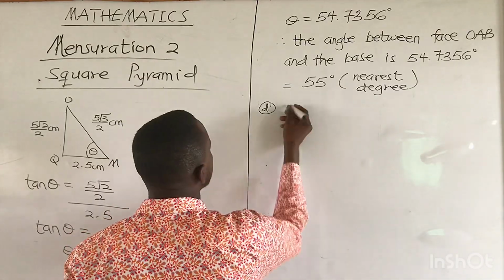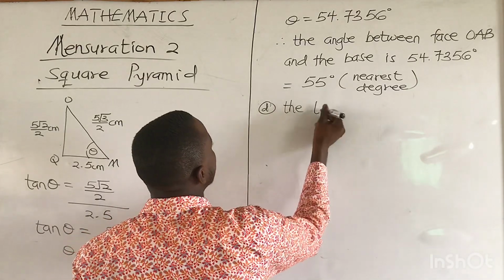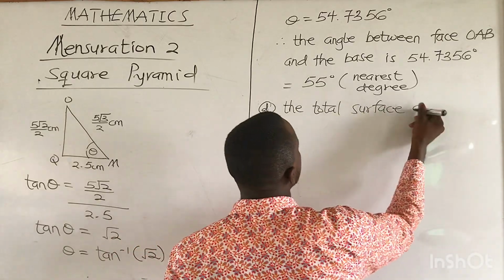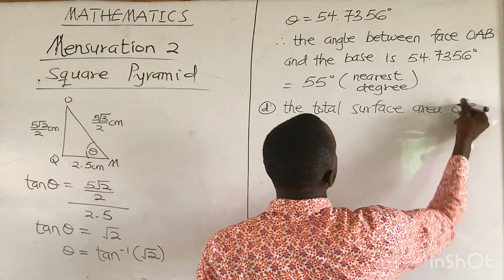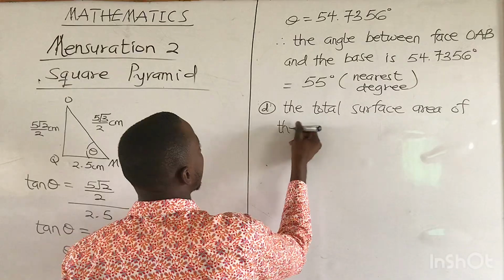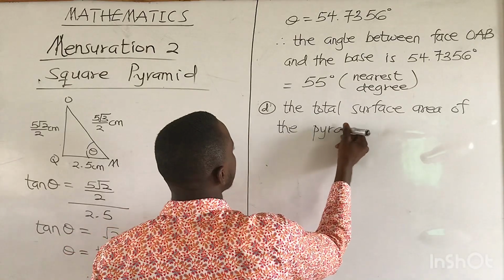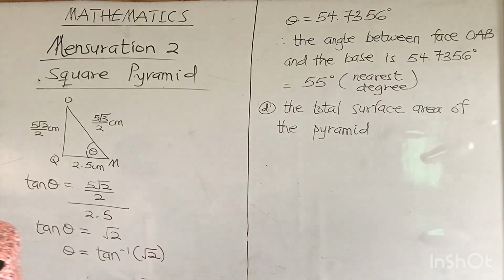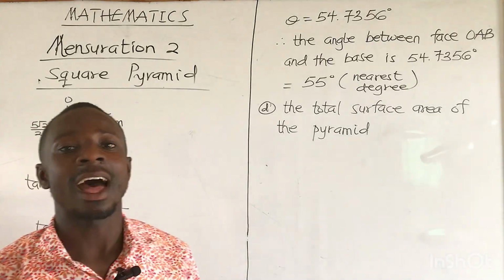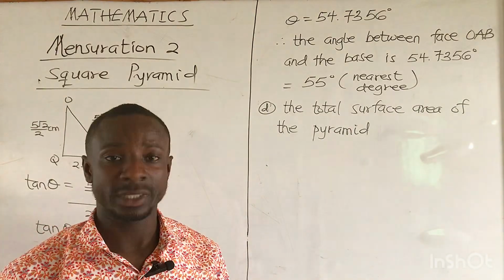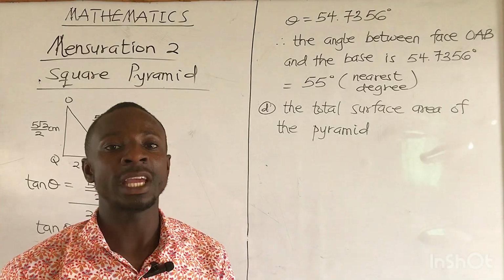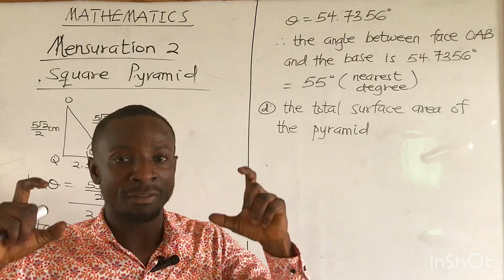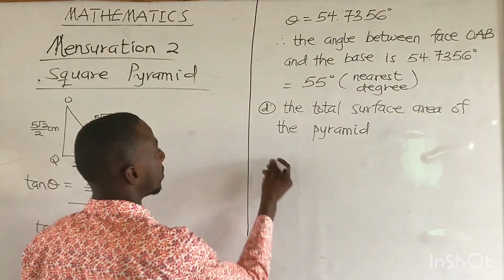D, the total surface area of the pyramid. So from the previous explanation, I said that the total surface area is going to be area of the base, which is a square, plus area of the four triangles.